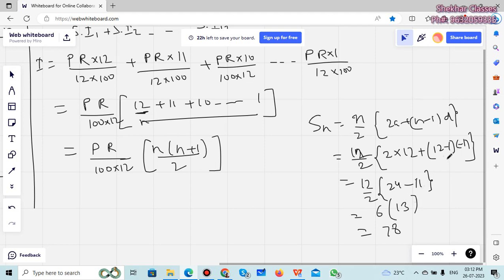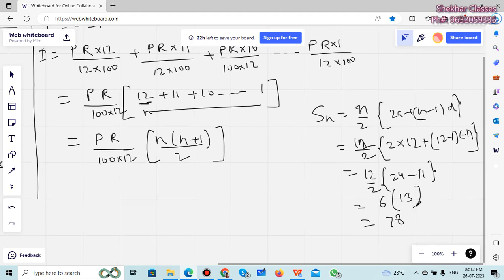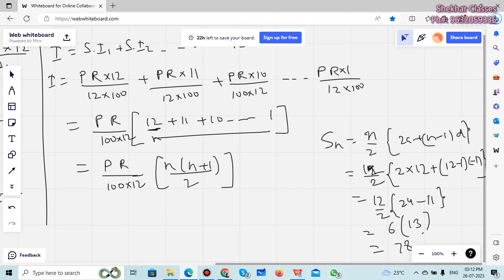That is 2a, where a is 12, so 24, and n is 12, minus 1, 11d, with d being minus 1 here, so minus 11. 24 minus 11 is 13, and 6 times 13 is 78. Let's check whether we get 78 when we add all the numbers manually. Yes, you will get 78.